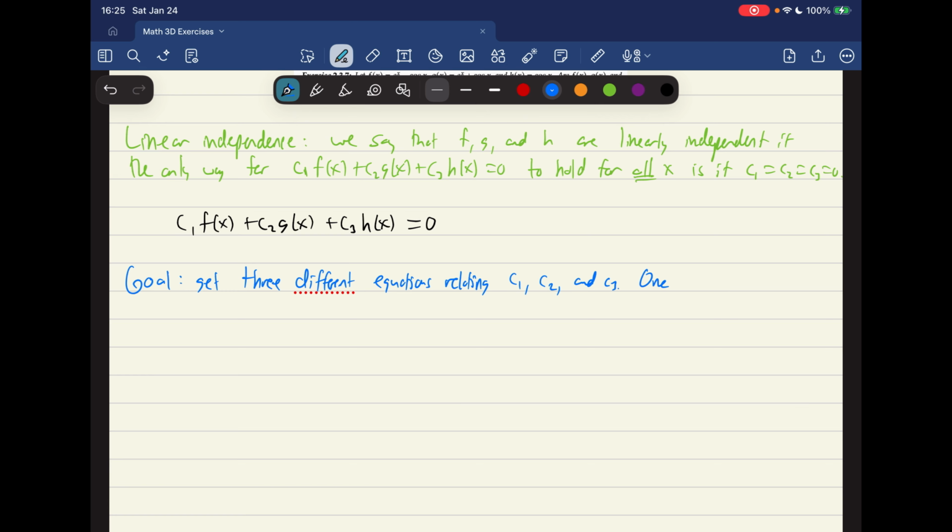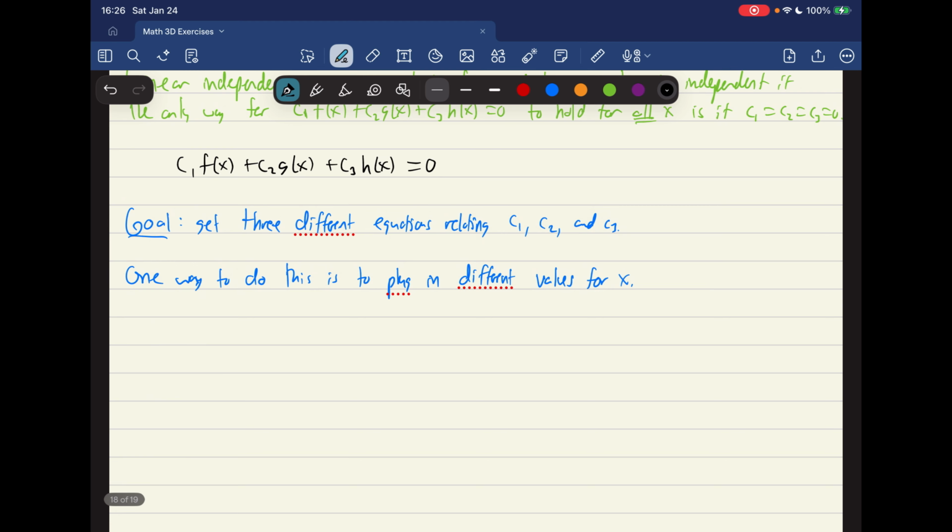And one way to do this is to plug in different values for x. Let me illustrate what I mean by this.